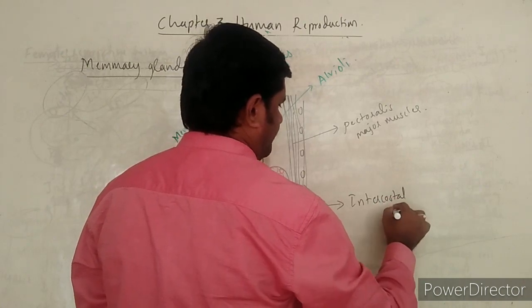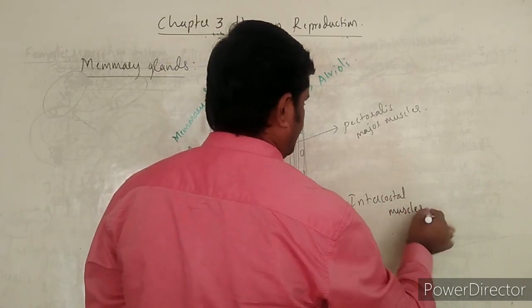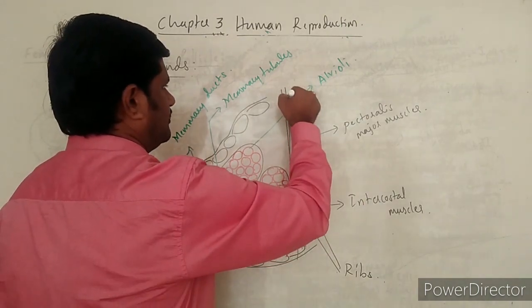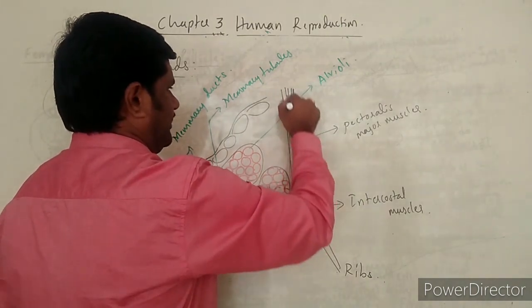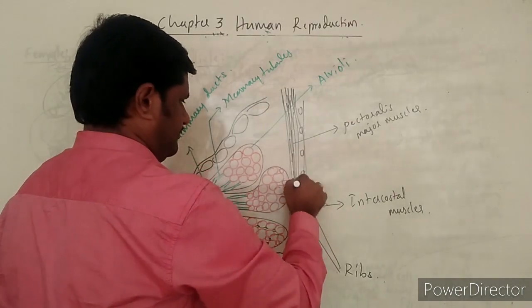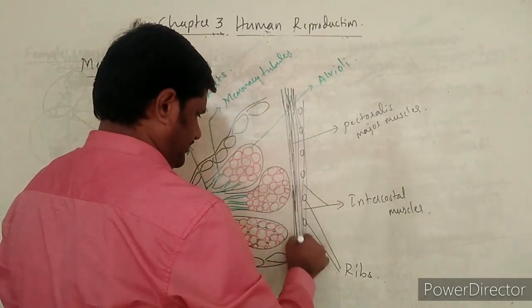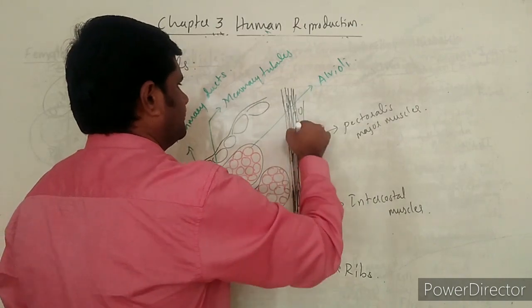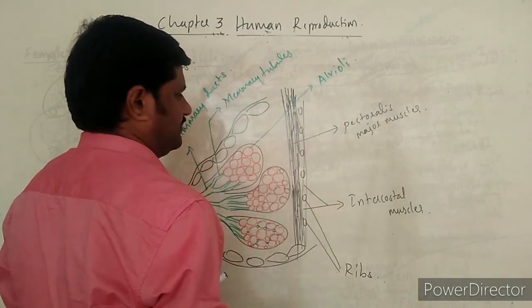Intercostal muscles, you will find. So all these are the structures that we must remember always. So this is about the mammary glands in females.